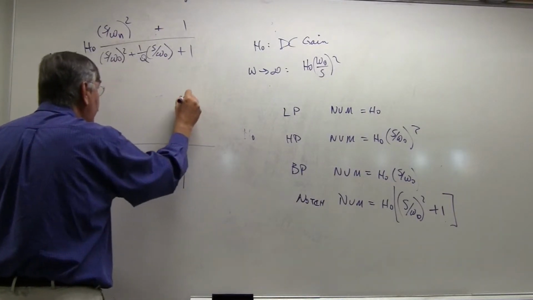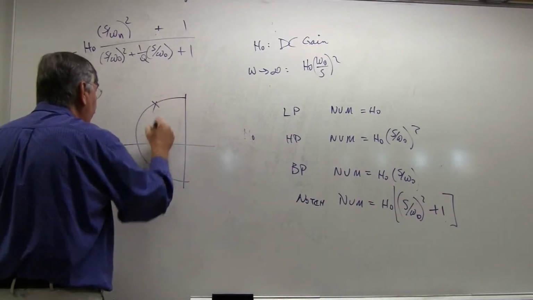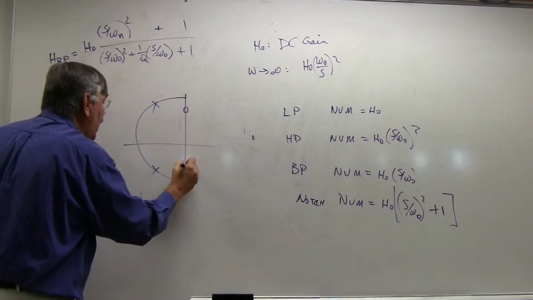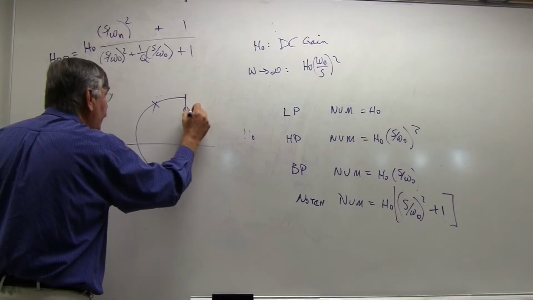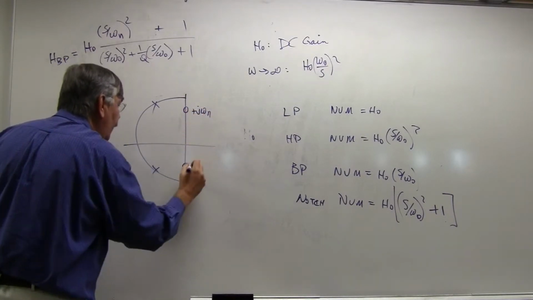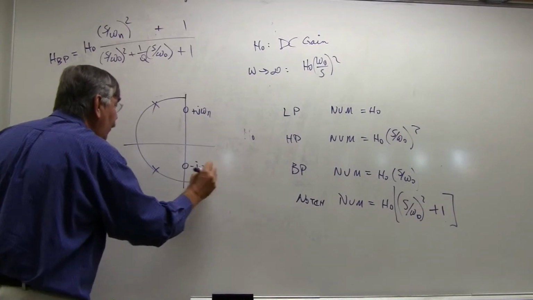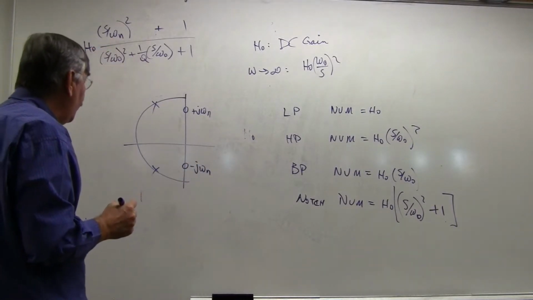Here's our pole zero plot with our complex conjugate poles, and then I'm going to put a notch at, say, plus j omega sub n. This is just values on the j omega axis, but at values other than omega sub n.